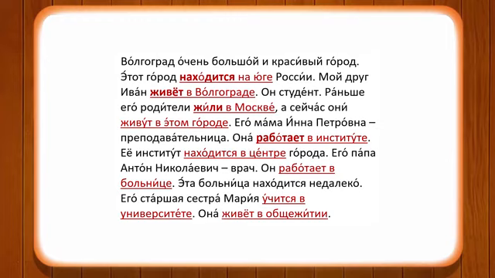This hospital is situated недалеко, not very far. Его старшая сестра Мария учится где? His elder sister Maria studies where? Где? В университете. In the university. Она живет в общежитии. Where does she live? She lives в общежитии, in the hostel.